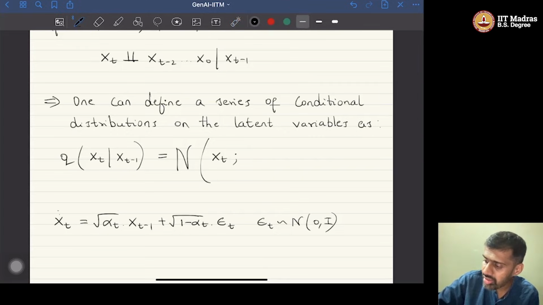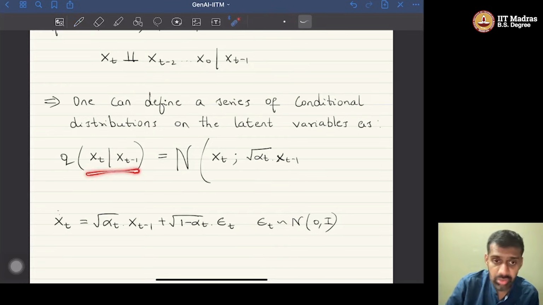The mean is given by root of alpha t times xt minus 1. Please note that when you condition a distribution, the condition random variable is always fixed at a given value. That is the definition of a conditional distribution. Therefore, this is a constant when we are defining this.